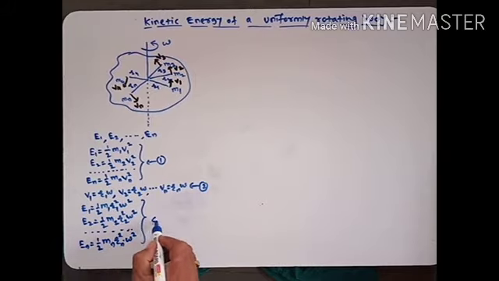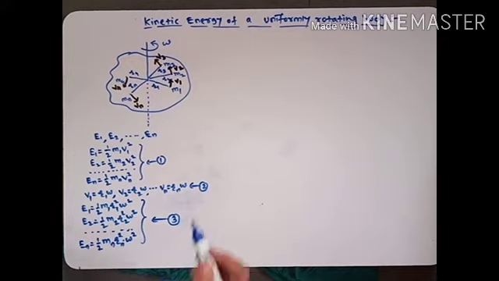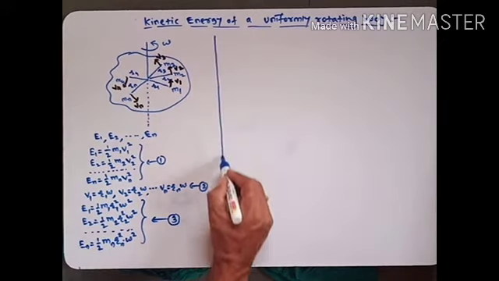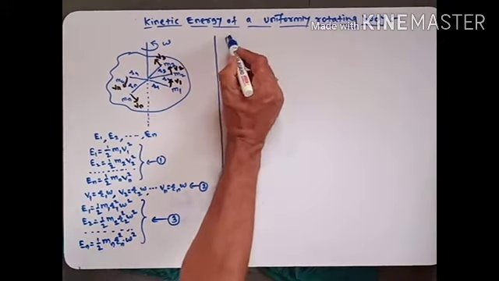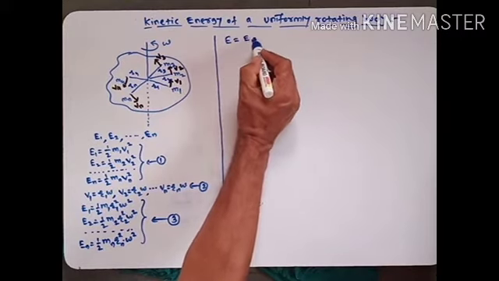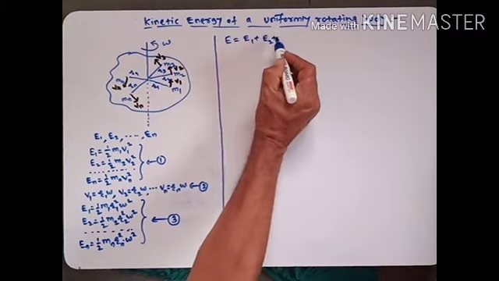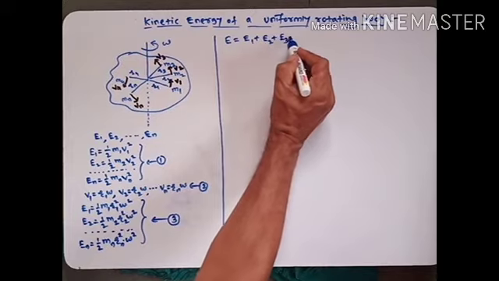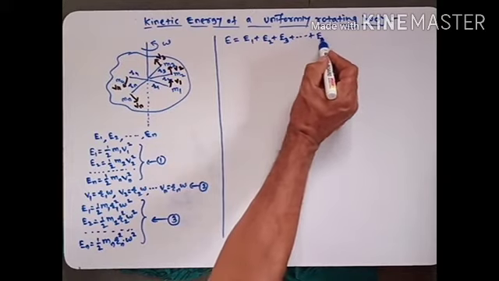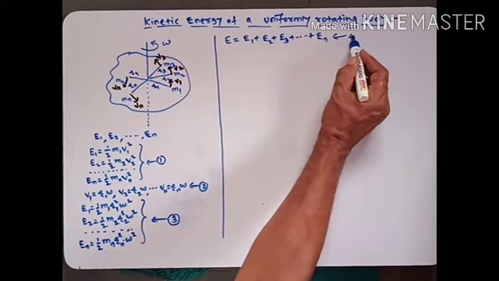Suppose all these are equation number 3. Now we know that total kinetic energy can be given like this. E is equal to E1 plus E2 plus E3 plus up to En. Suppose this is equation number 4.